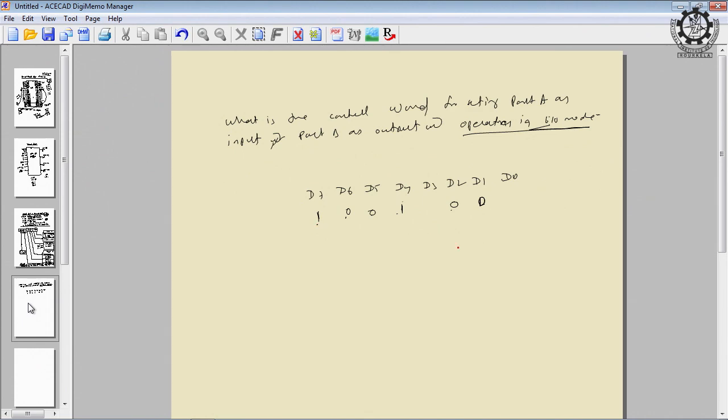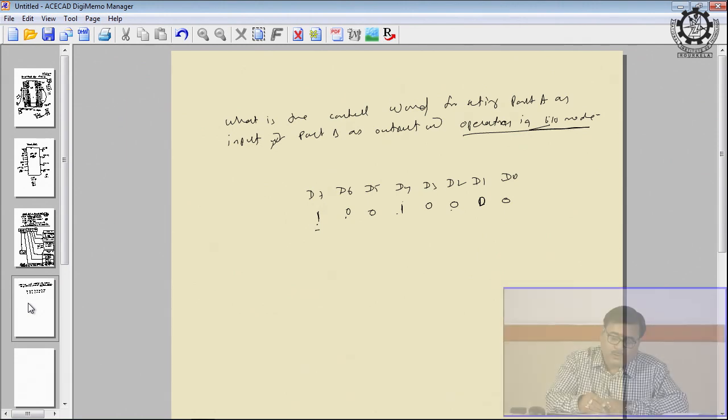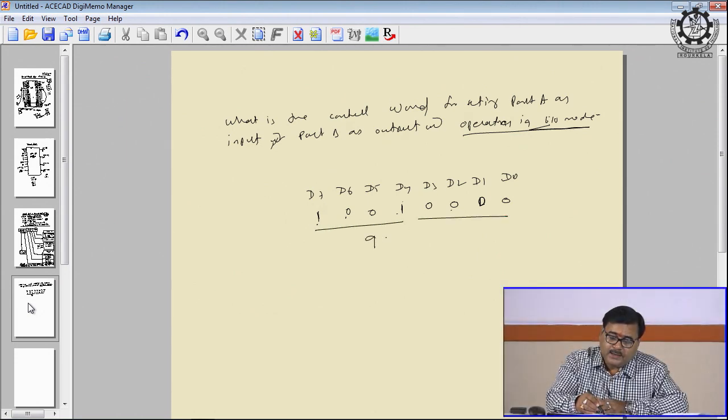And for the remaining bits, since it is not clearly given in the question, you can assume either 0 or 1, whatever you feel, because we have not mentioned anything about port C. So, therefore, the control word is 90H.